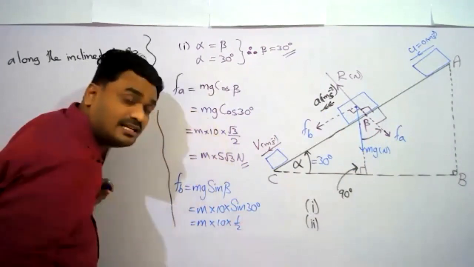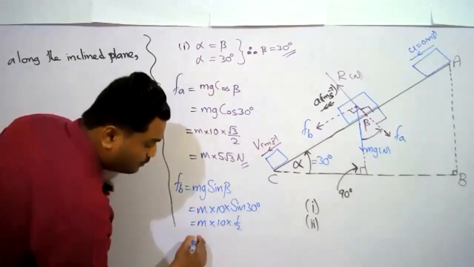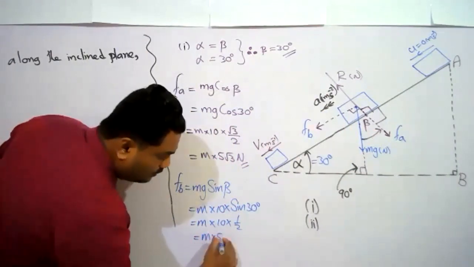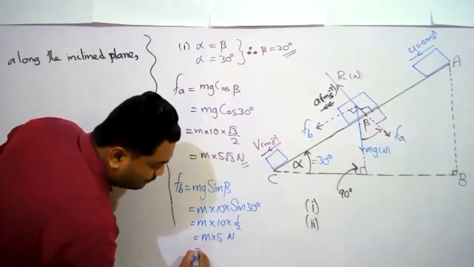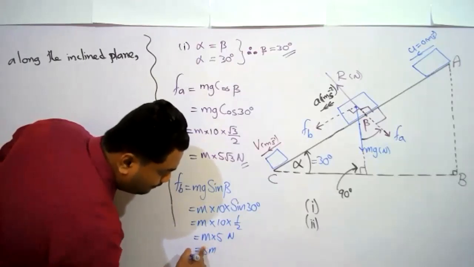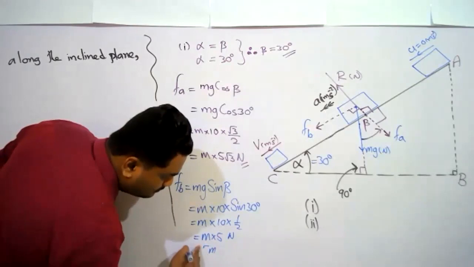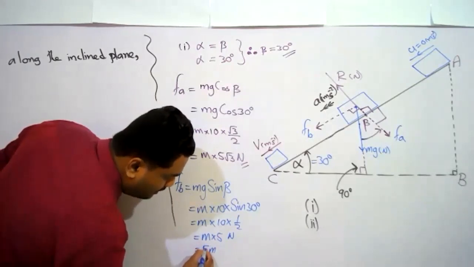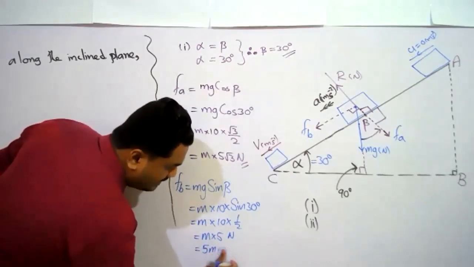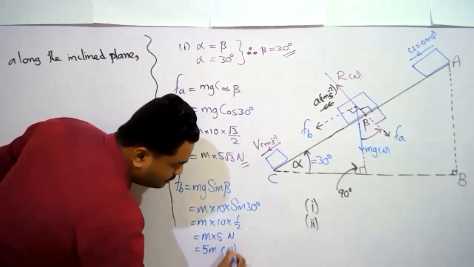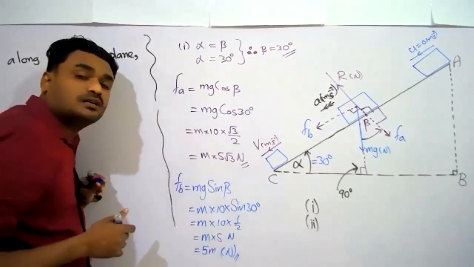Yes, very good. Sine 30 is half. So 10 divided by 2 is 5. So the force component is m times 5, or 5m. Units cannot be written, or within brackets you can write like this. So this is the force component FB.